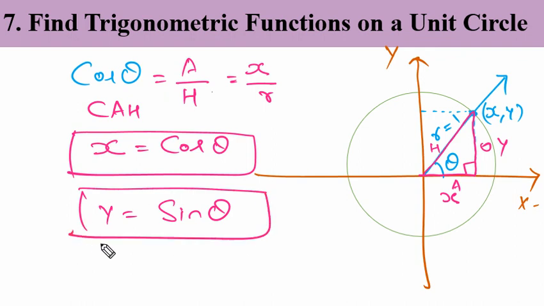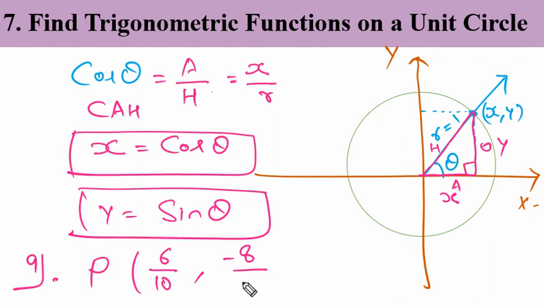So when I say a unit circle, and if I give you some point, for example point P 6 over 10 comma negative 8 over 10, then you don't have to worry about anything else. Just read the question: the terminal side of an angle theta in standard position intersects the unit circle at point P. So point P is basically x comma y, and x is nothing but cos theta, y is nothing but sine theta for a unit circle.